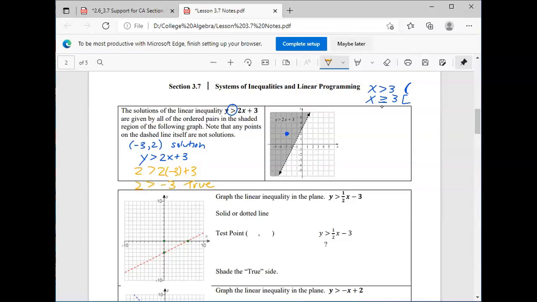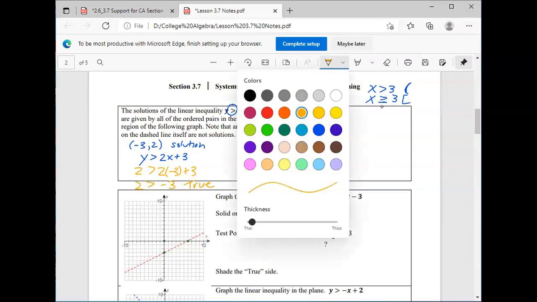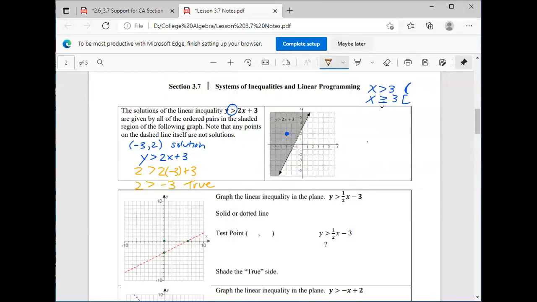Another thing I can do is pick another point, maybe a point on this line. This point appears to be on this line, the point 0, 3. So in the same y is greater than 2x plus 3, I replace my x with 0 and my y with 3.